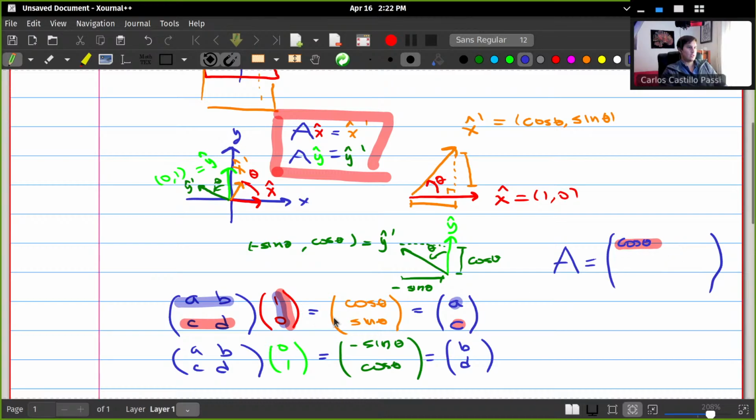The second component here will be minus sine, and so on, sine and cosine. Like that. So that's why the rotation matrix is this one.